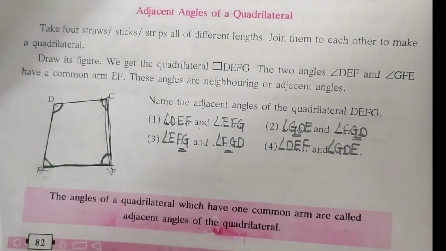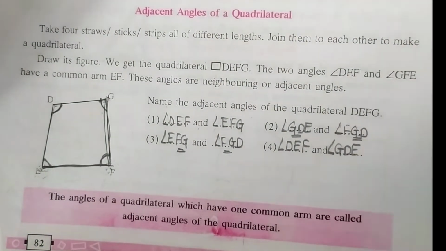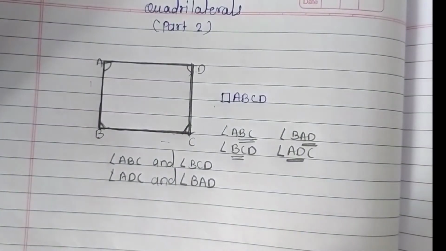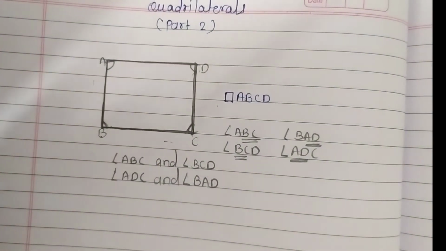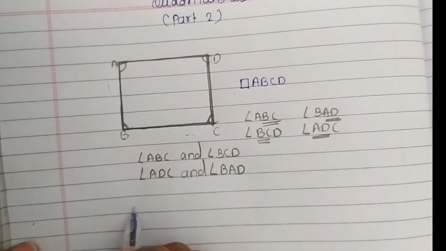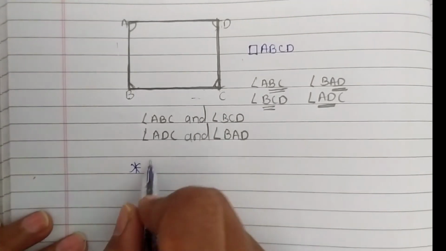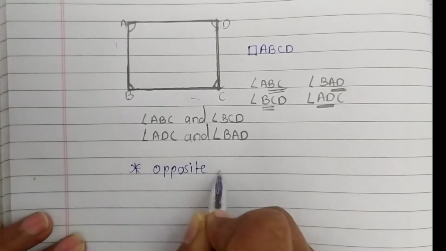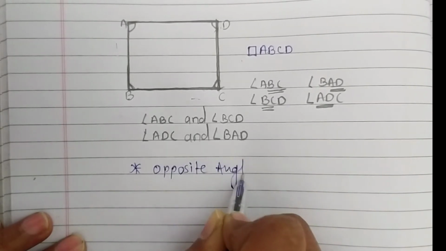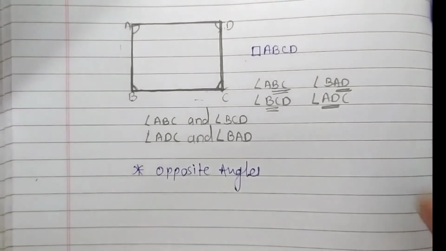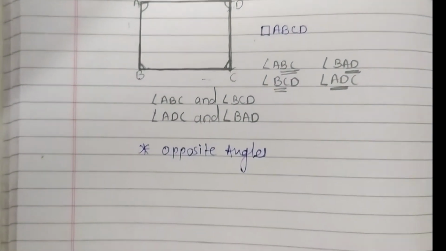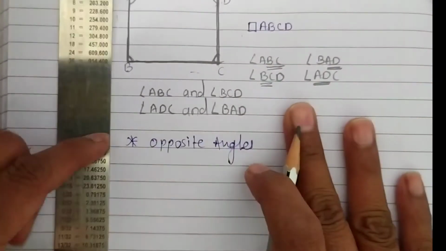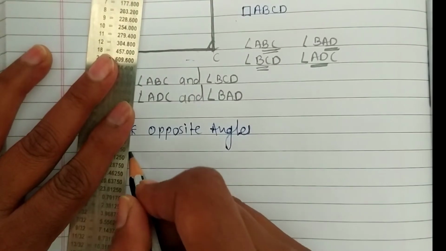Now we are going to learn about opposite angles of a quadrilateral. Let's write here opposite angles. Here also I am going to explain by drawing a figure.